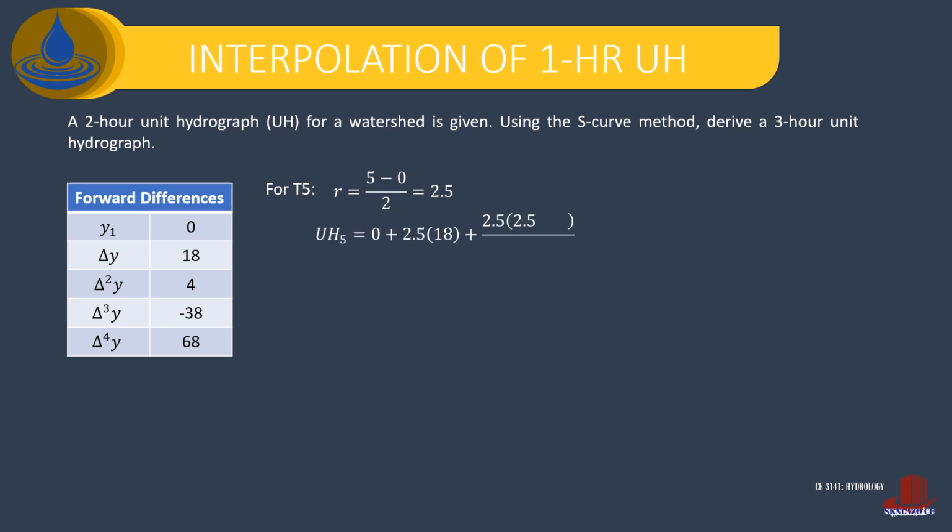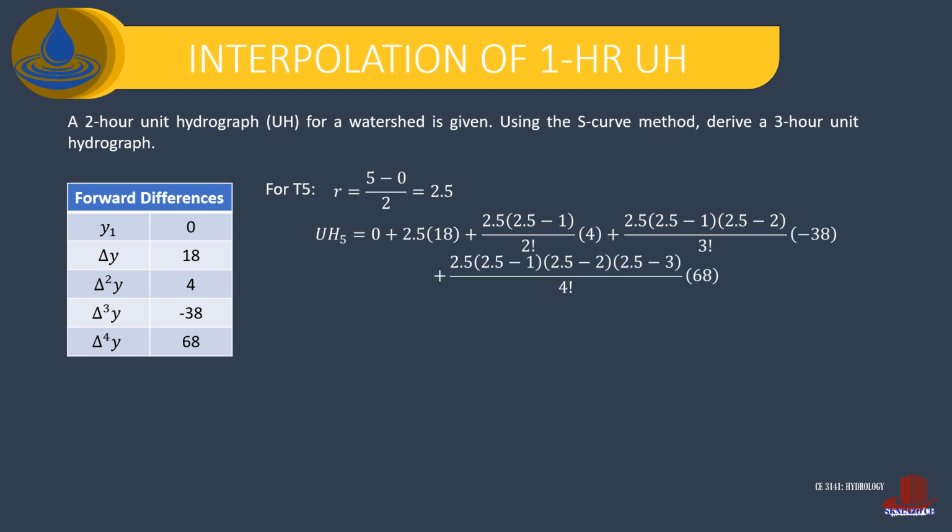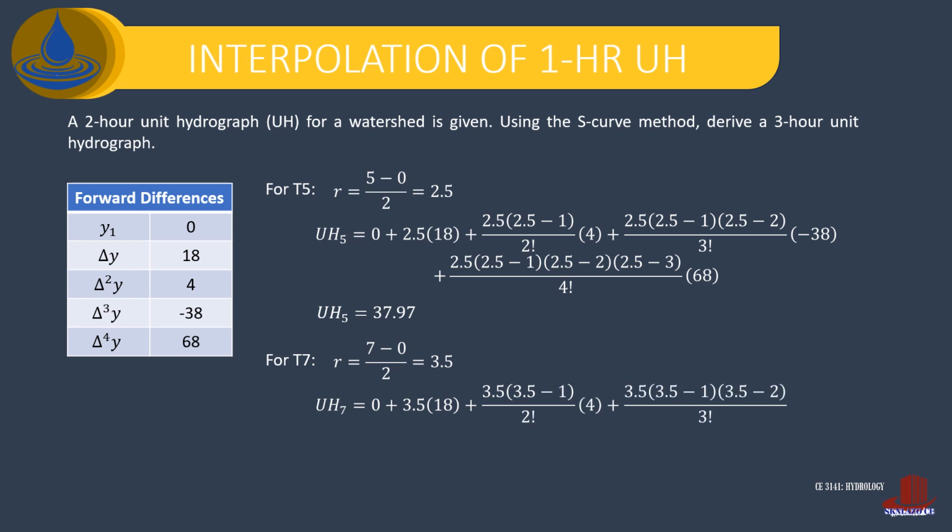Place this into the equation with the forward differences and have UH5 as 37.97. At T7, R becomes 3.5, and place this in the equation to have 15.97. The interpolation using Gregory-Newton is basically direct substitution, as long as you can identify the right values.